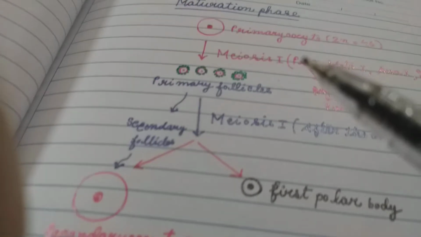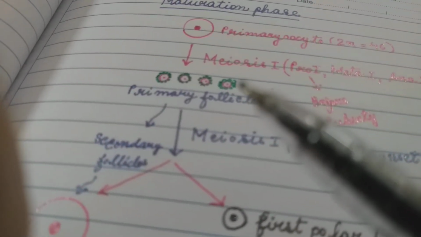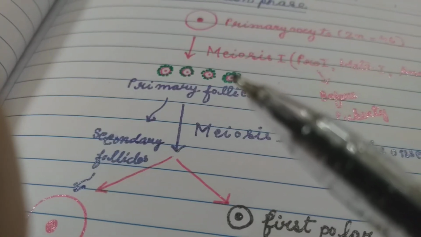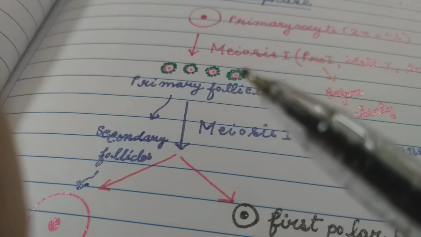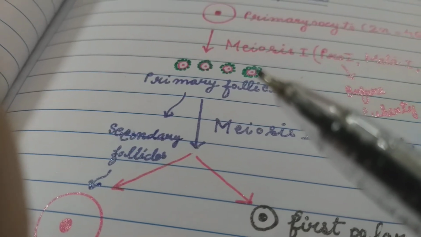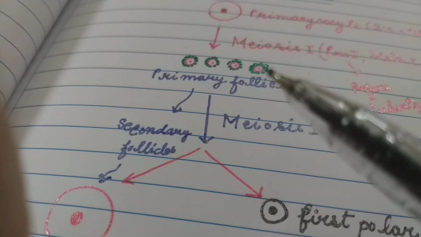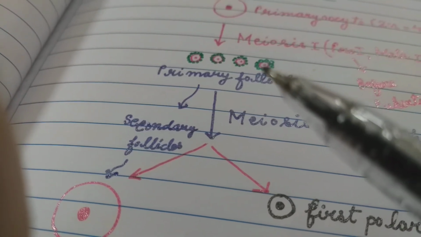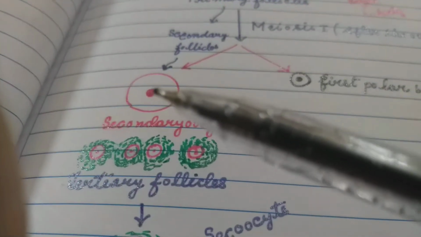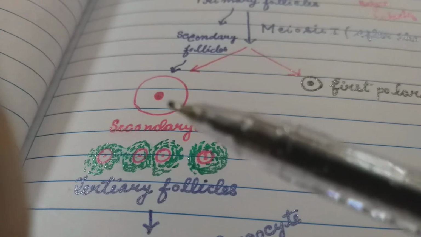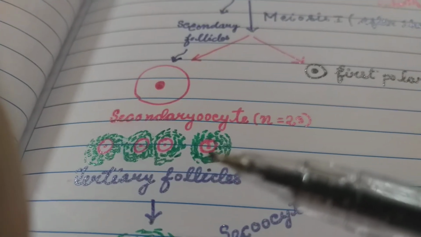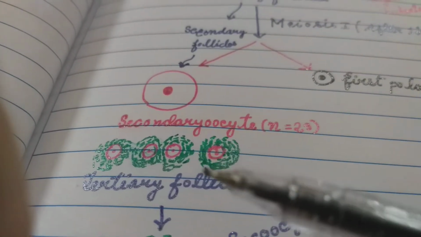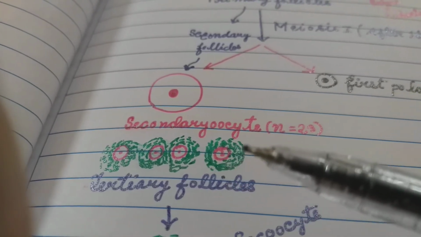Please remember, primary follicle means primary oocyte surrounded by a single layer of follicular cells. This is the secondary oocyte, and the secondary oocyte is surrounded by multiple layers of follicular cells.